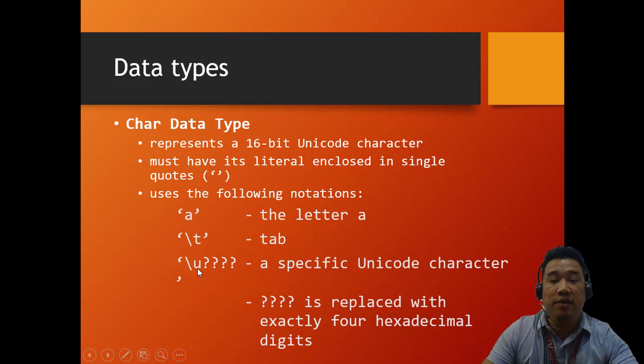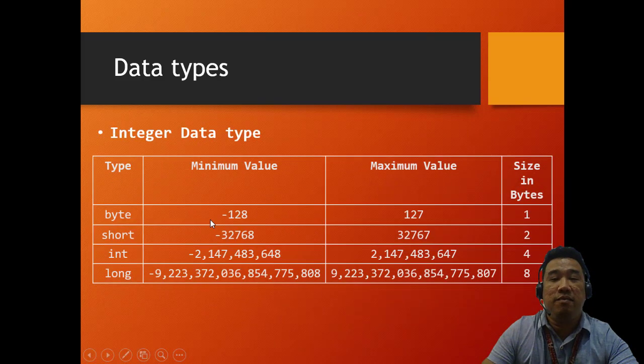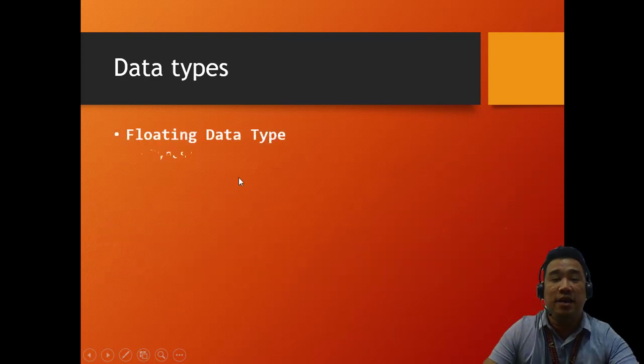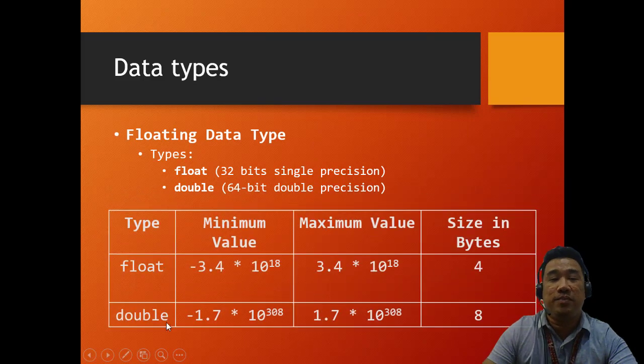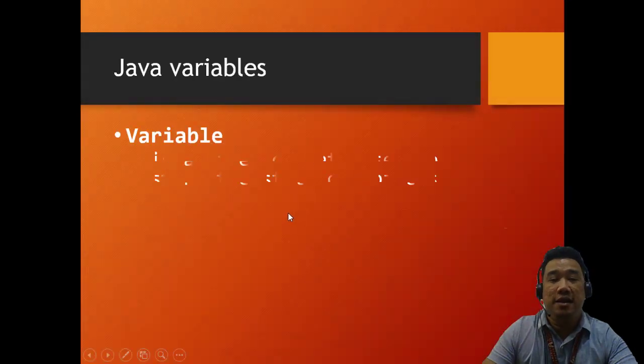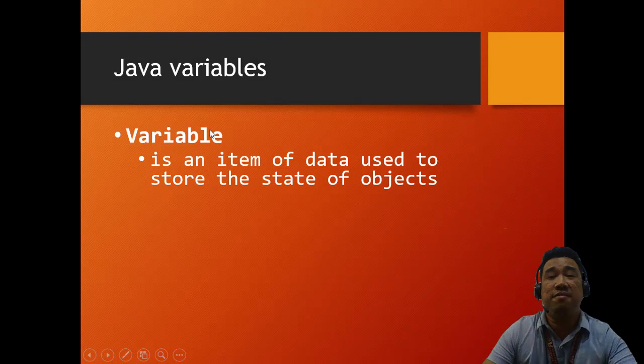And we have a specific Unicode, no? Slash u then a combination of hexadecimal digits. Okay. Now we also have the integer types, byte, short, int, long. I already explained those, guys, no? And for the floating data types, we have float and double.